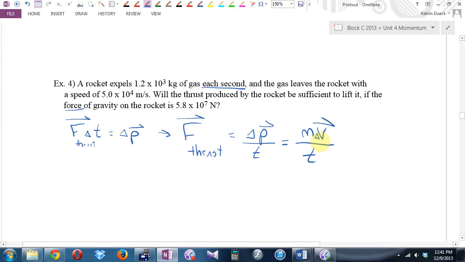How much mass? 1.2 times 10 to the third. What speed? 5 times 10 to the fourth. What time? Oh yeah, 1 second.